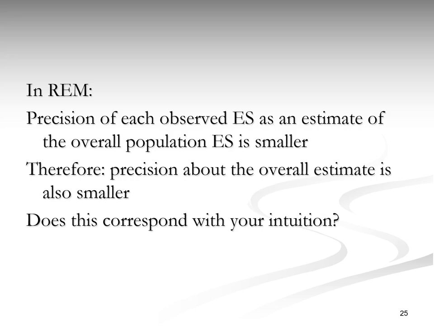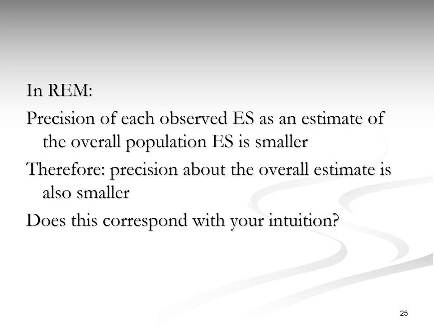We say, well, each study has its own population effect size, and we want to say something about the mean of the population of effect sizes. But we only have a sample of studies. And so if we had observed an effect size in an additional study, maybe in that additional study another population effect size would have been estimated.